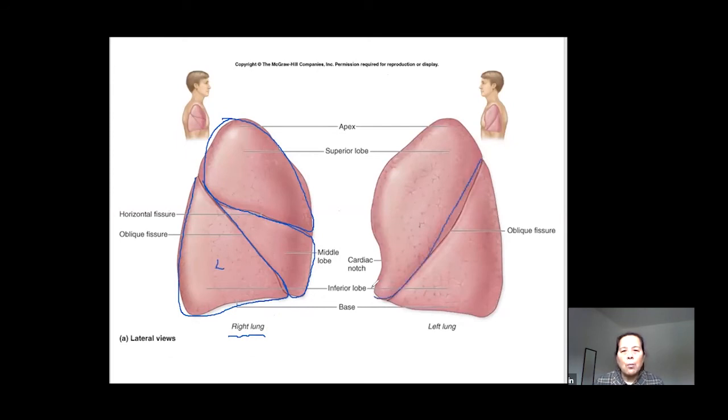That's the upper lobe and the lower lobe. They don't have a middle lobe. And the lobes are separated from each other by a kind of fabric there. So that's basically our lung.